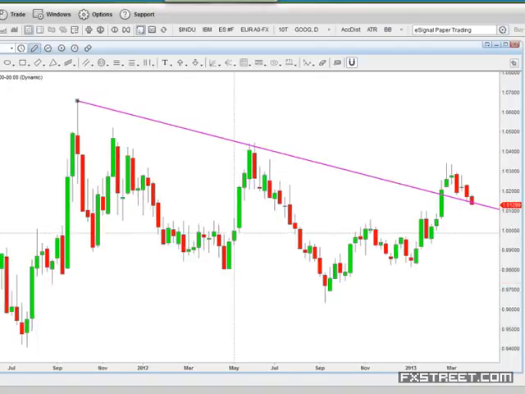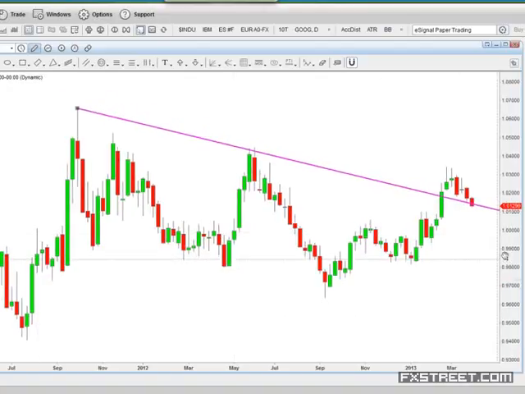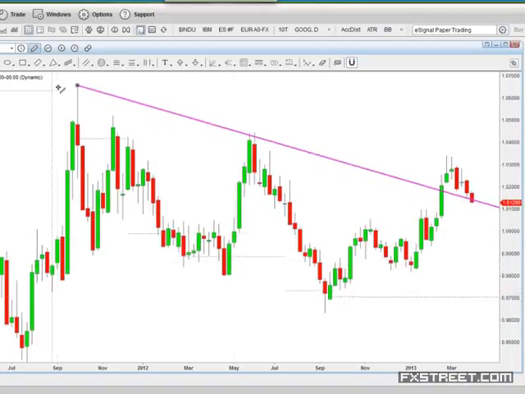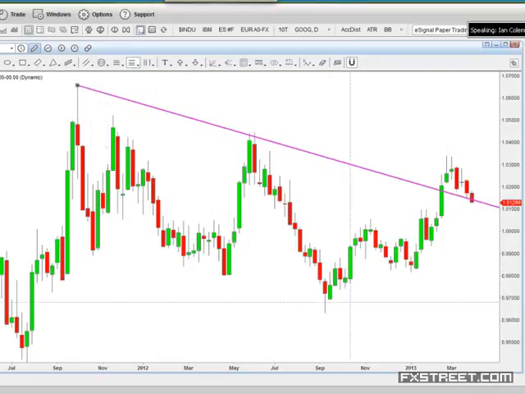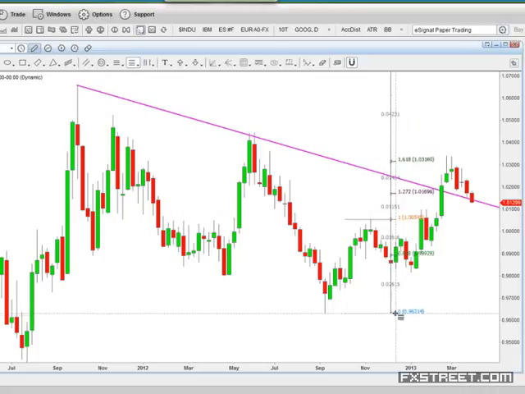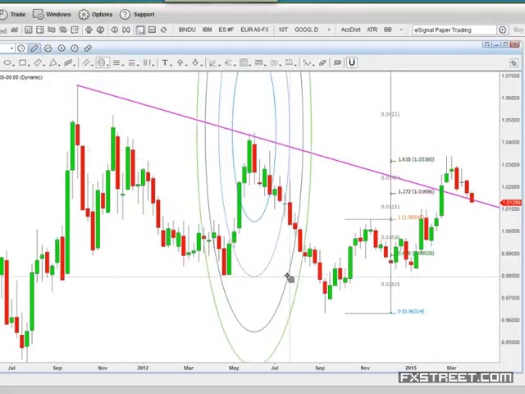Okay, down to weekly. I had a bit of a strange formation in here. I was looking at that pattern, so 161.8%. There is a possible Gartley in here.